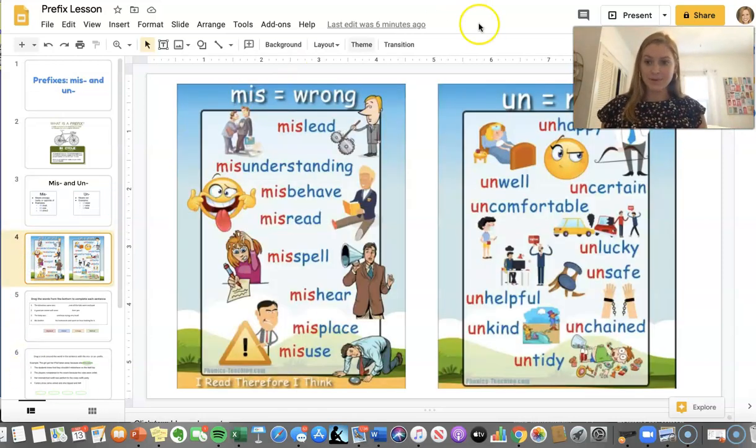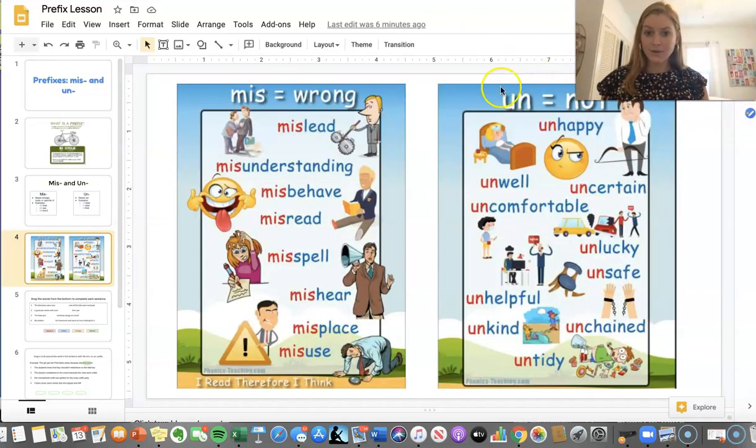Let's look at some more examples. So here we have, remember, miss equals wrong. If you mislead someone, you lead them in the wrong direction. If you have a misunderstanding, you are understanding the information wrongly. If you misbehave, that means you are behaving wrong.